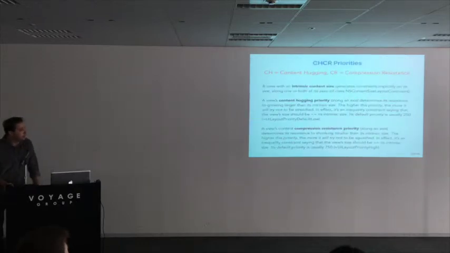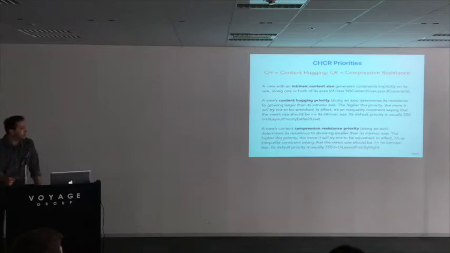First though, I have to talk a little bit about the content hugging and compression resistance priorities of certain views. So basically a view with an intrinsic content size creates constraints based on that property of itself. And its content hugging priority determines how much it resists growing larger than its intrinsic size.